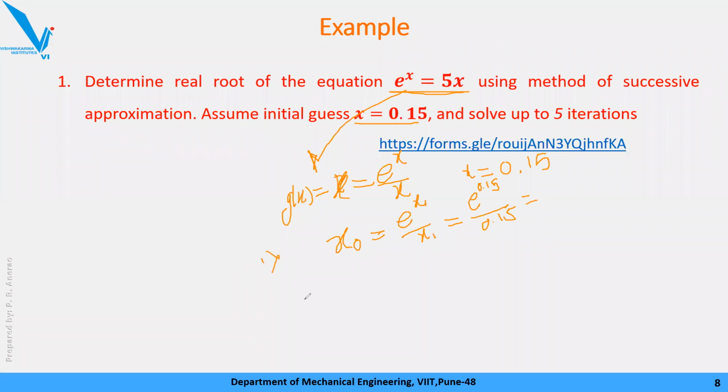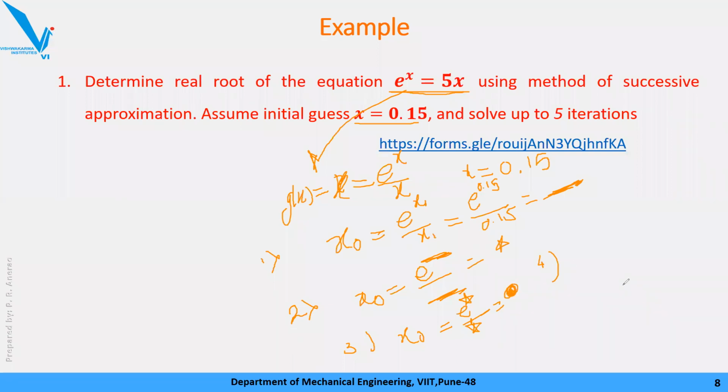उन्होंने बोला है 5 iteration कर. Okay, so second iteration, x0 equal to, now this value, यहाँ पे कुछ value आएगी आपकी. Use this value and place it at e raised to x divided by this. So that will be your second iteration. Okay, you will get some star value. Third iteration, x0 equal to e raised to that star value divided by next value. Fourth iteration, here you will get some value.